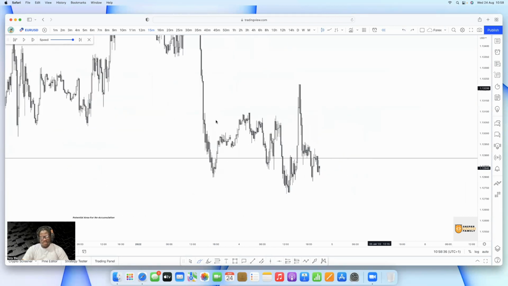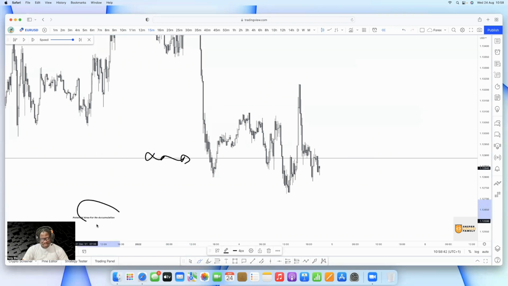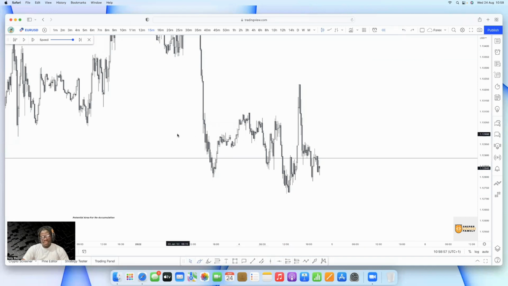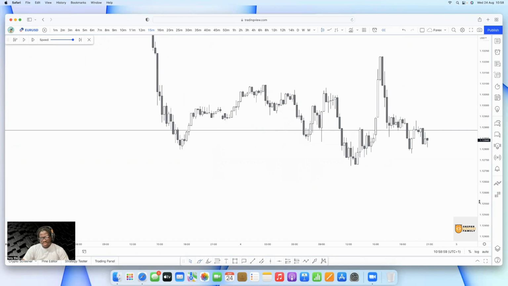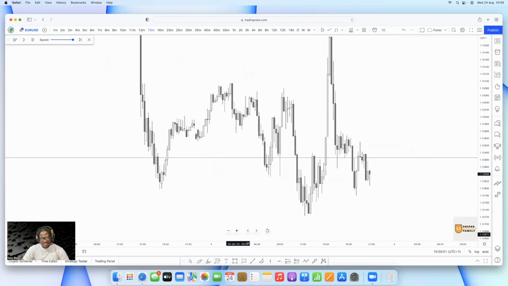So now price came into this line. You see this line here? This is the potential area for accumulation, that daily 50%. This is it. So price has gotten there now. And then we have what? Lower low, lower high, lower low. When we were talking about the harmonic pattern training, I showed you guys something that happened here, right?